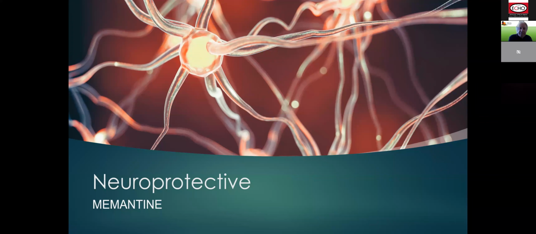But other than amplifying neurotransmitters in dementing illnesses, memantine is also thought to have some low-level neuroprotective effects. So theoretically, it helps protect the brain from getting further damage down the road. Next slide, please.